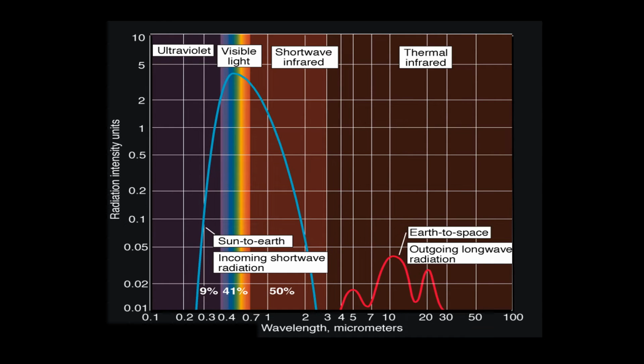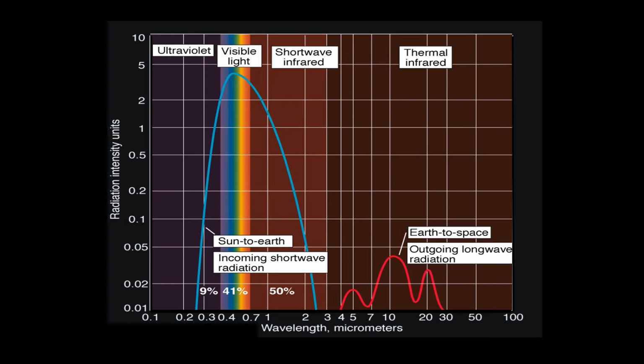Visible light ranges from the shortest wavelength the human eye can see, violet, through progressively longer wavelengths of blue, green, yellow, orange, and finally red, the longest wavelength the human eye can see. This sequence of colors is the same as you see in the rainbow, from the inner to the outer.